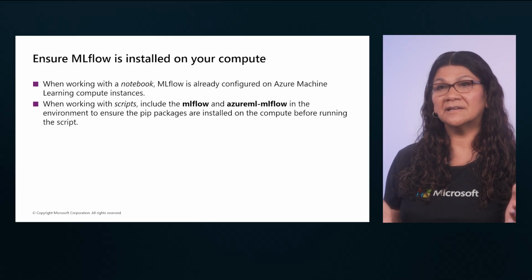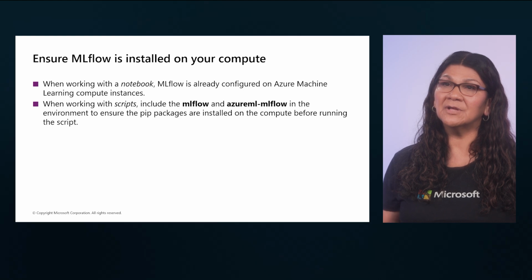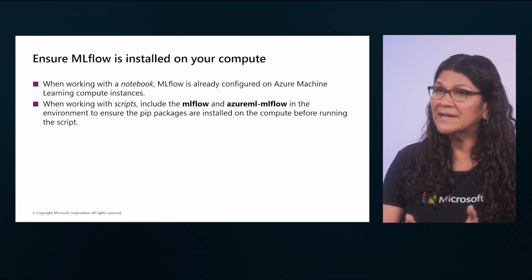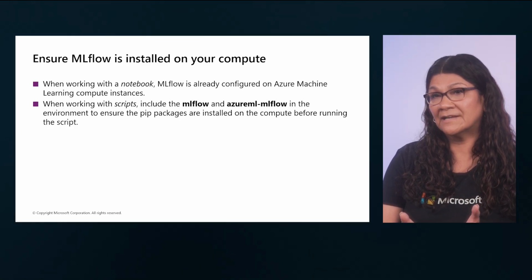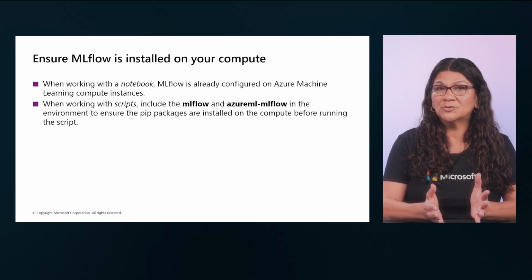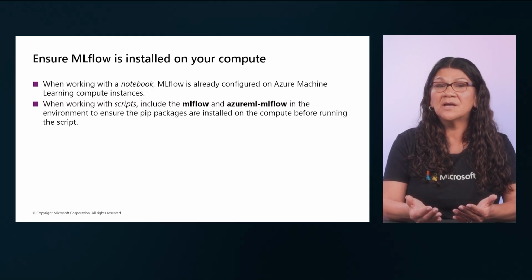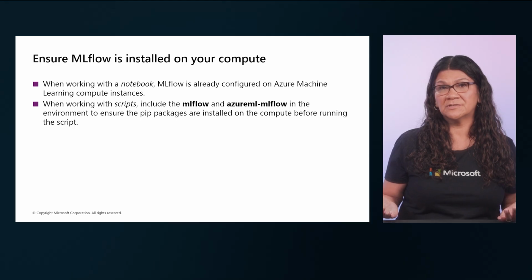Before you start logging experiments, consider a quick setup check to make sure MLflow is available on the compute you're using, because great experimentation only matters if it can be reliably tracked. The key idea, tracking parameters, metrics, and artifacts, works the same in notebooks and scripts, but the installation and setup differ because the compute differs.